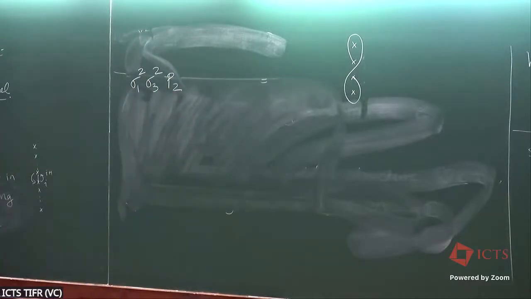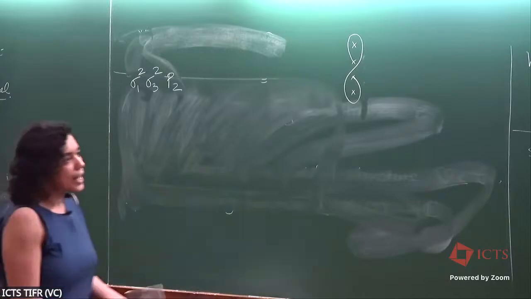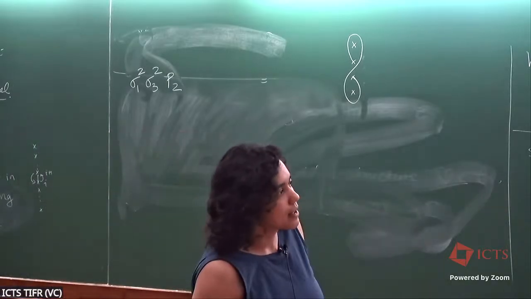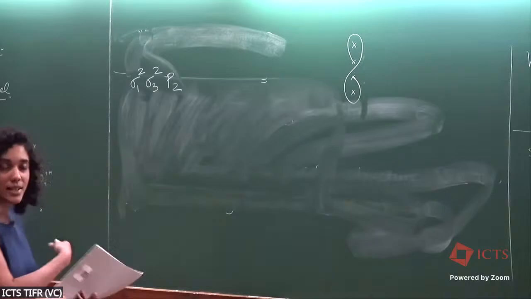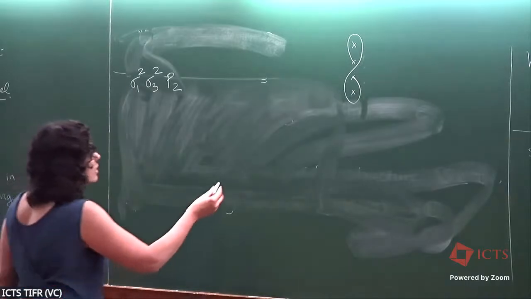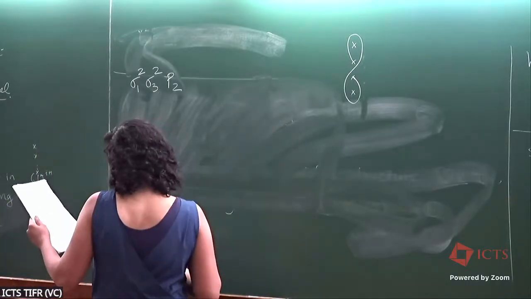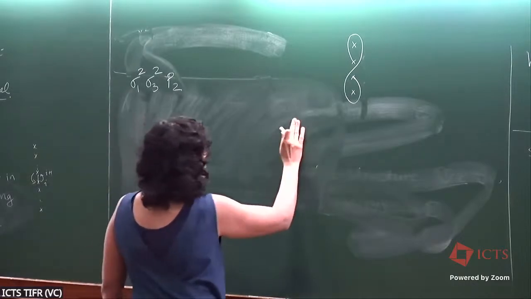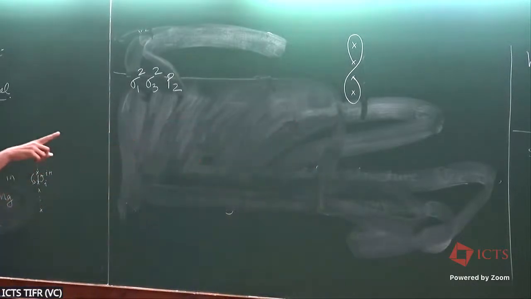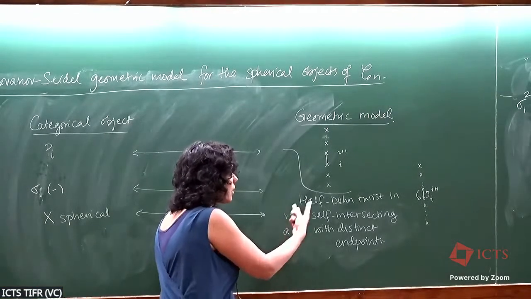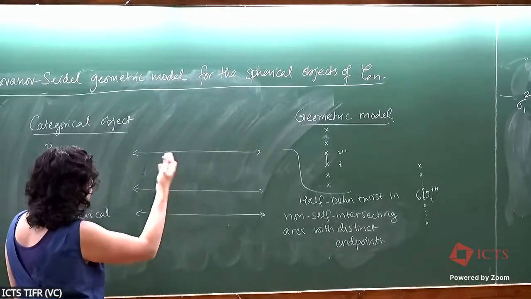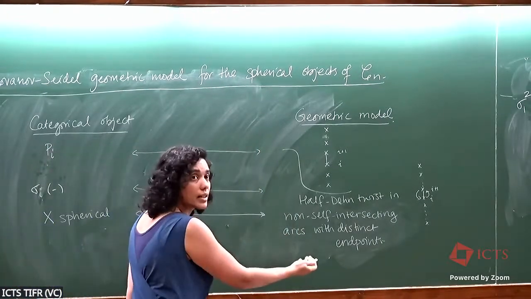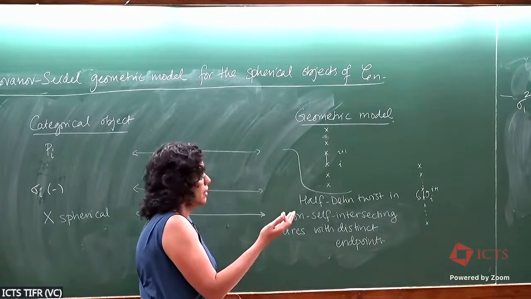Okay, so it's actually now very easy to do the computations here because you can just do them. On the other hand, there's also an explicit formula for the spherical twist. So you can also do the computations on the left-hand side and you can reconcile them. And in fact, there's also a recipe for going backwards. So if there's a curve like this, which is non-self-intersecting with distinct endpoints, then one of the results of Khovanov-Seidel is that you can take that curve and you can deduce the object from it.